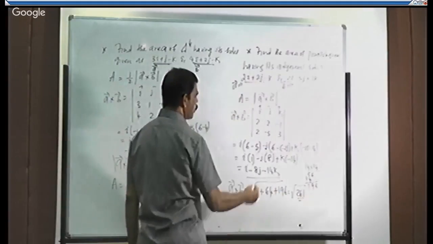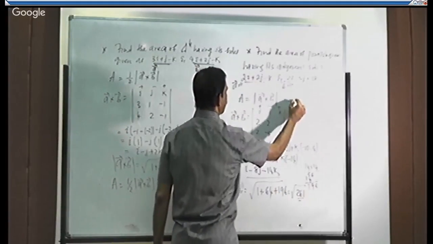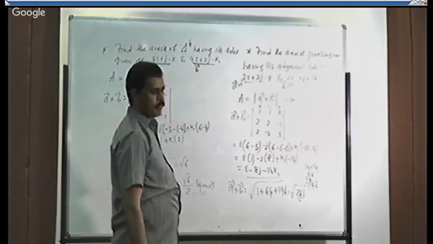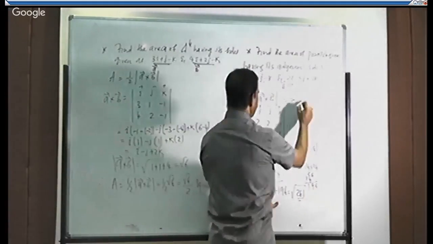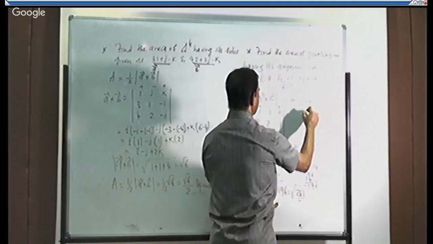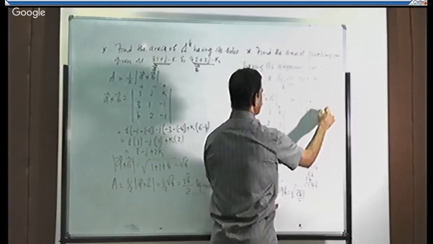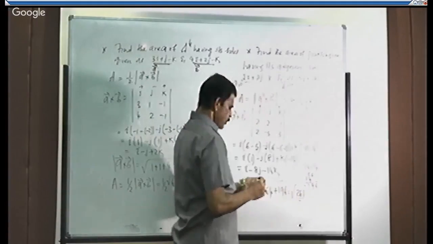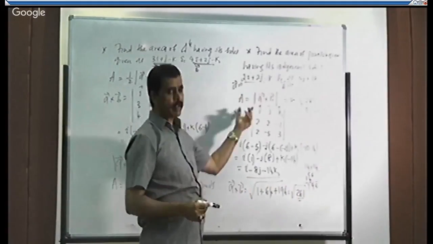So therefore, area of parallelogram is equal to root of 261 square units.